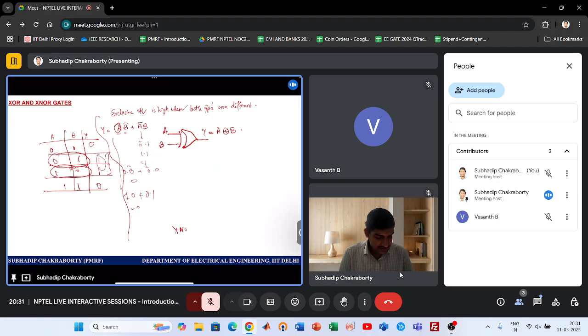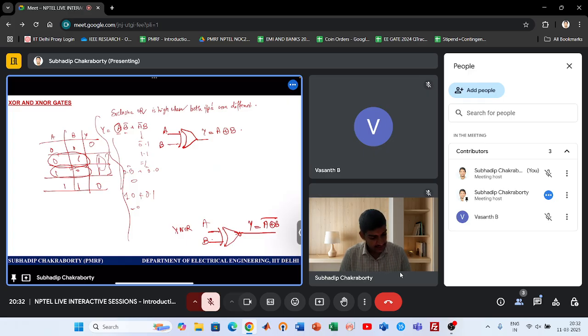And exclusive NOR is just the inverse of the XOR and is denoted like this, a small circle before the XOR gate, and it is just denoted as the inverse operation of the XOR gate. And only when both the inputs are the same, then only it will be high.